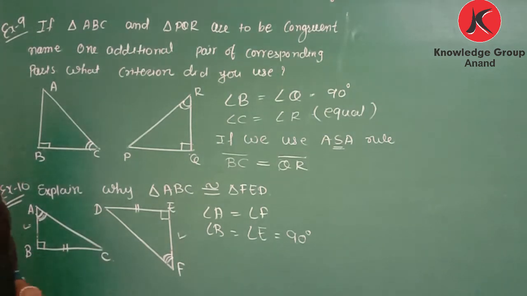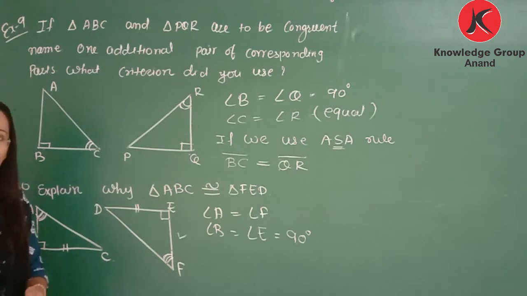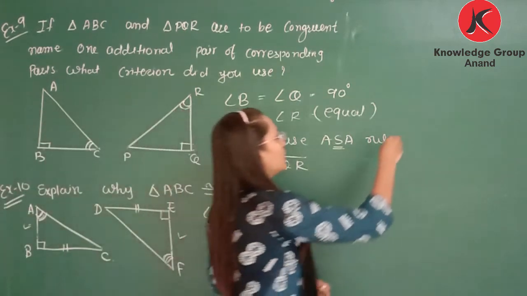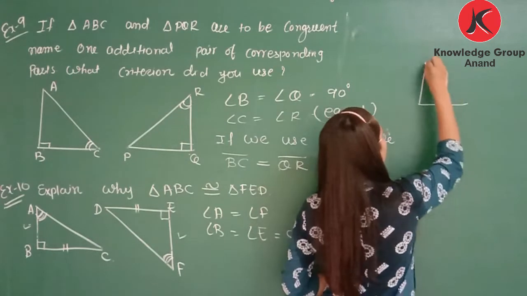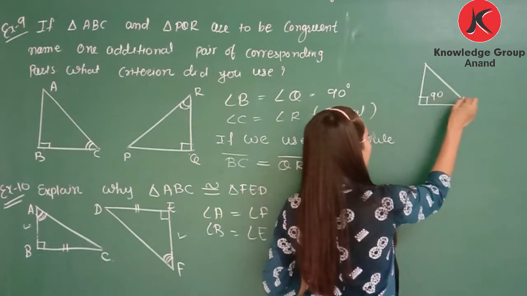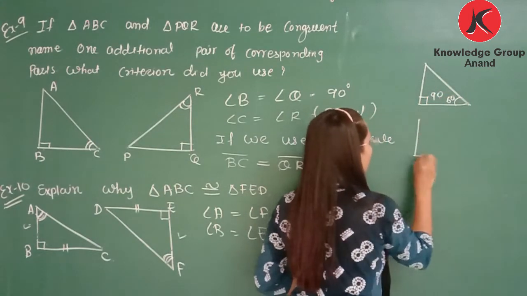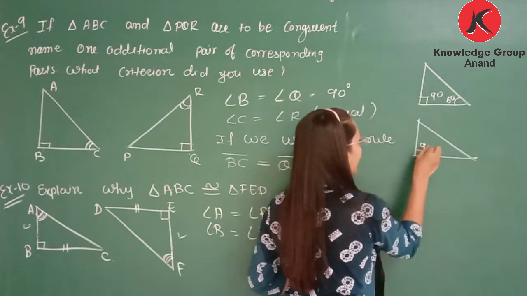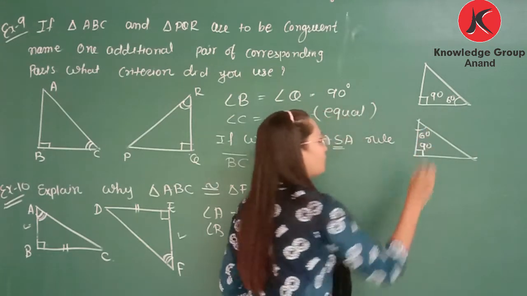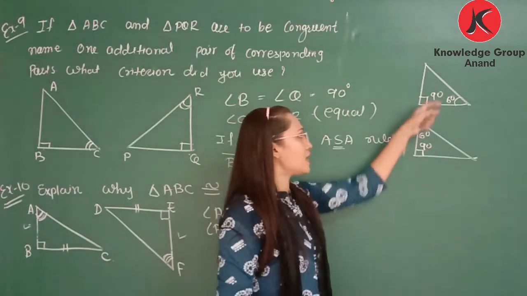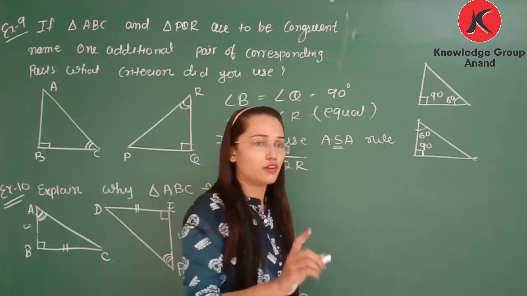But in a triangle, if two angles are equal, then the third angle is also equal. Let's consider one figure. We have two triangles such that this one is 90 degree and this one is 60 degree. Same for this triangle, 90 degree and this angle is 60 degree. If two angles are equal, then the third angle is also equal. Why?